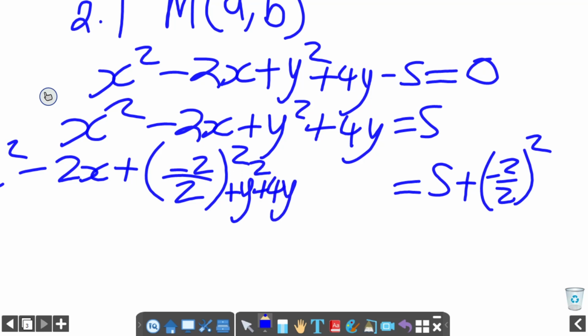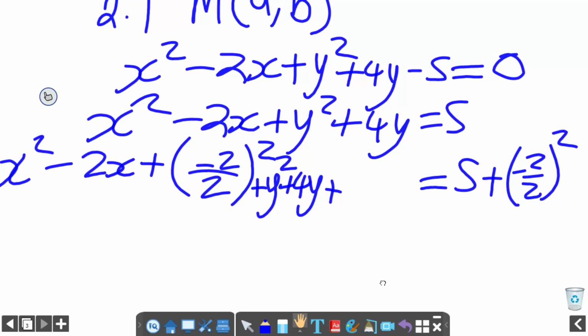What must we do? Retrieve the coefficient there, y again. Proceed with us, Pumzile. 4 over 2.